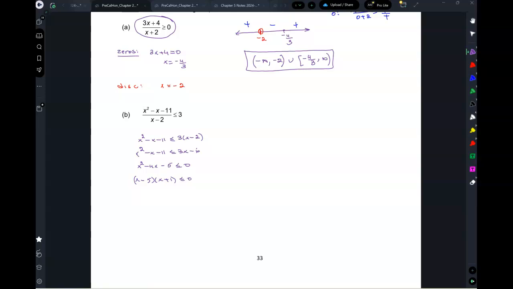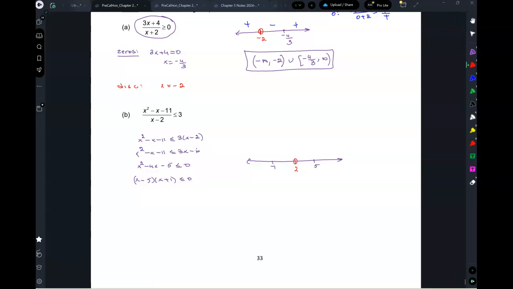Okay. Let's go on our number line. I'm going to put in negative 1, 5, and also what else? 2. But that's undefined.